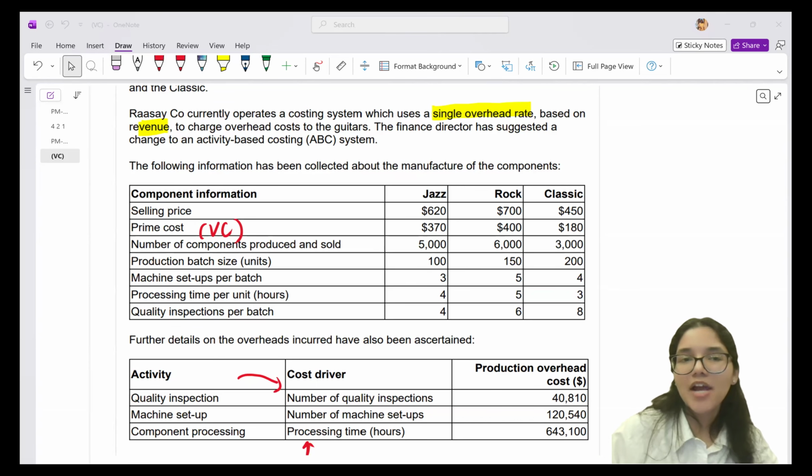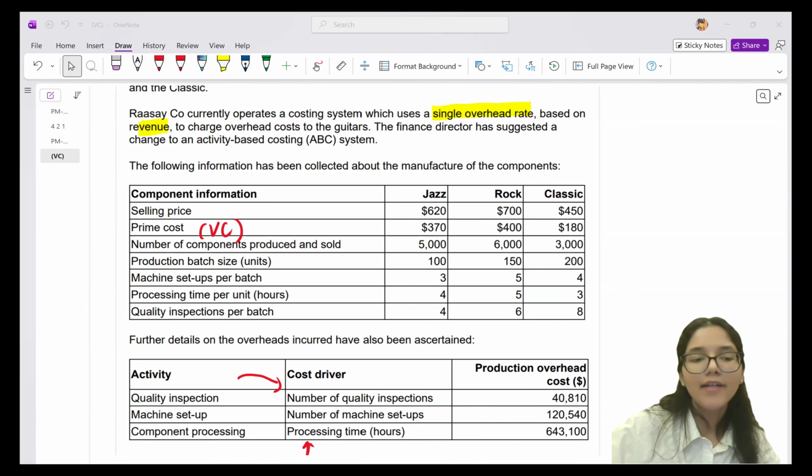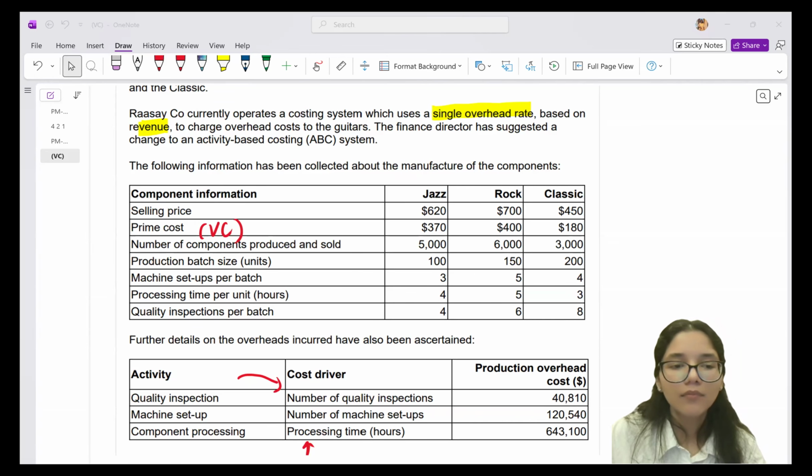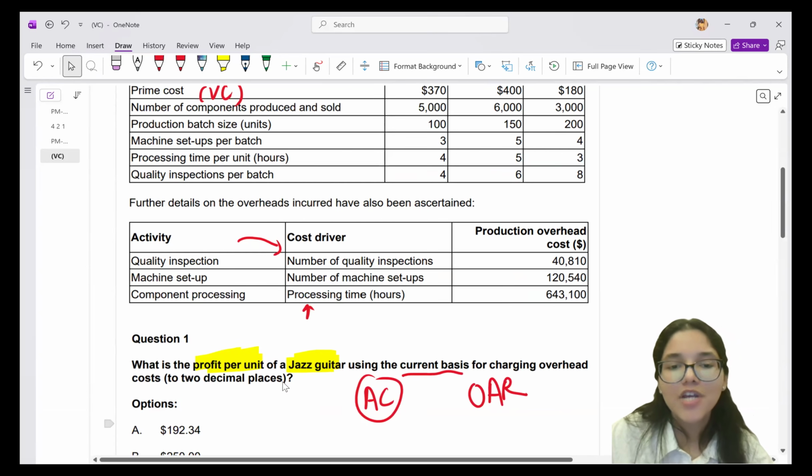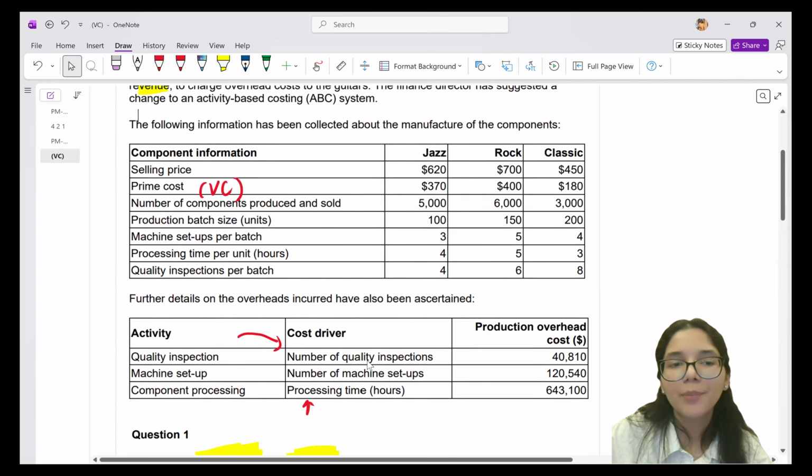Put your answers in the chat box the moment you are done solving. We have to calculate it for, I think, the jazz guitar. Yeah, jazz guitar, you have to calculate the profit per unit.